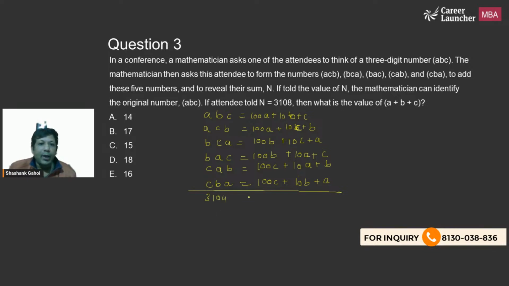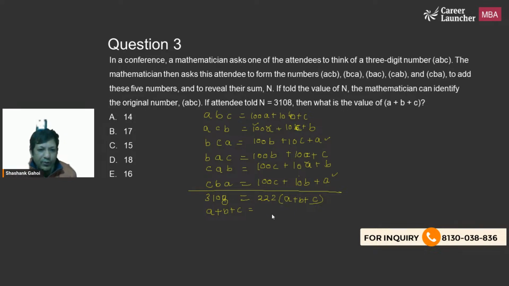And so basically, if you add up all the numbers, you are going to get 222 times A. So 100A, 100A, 10A, 10A, plus A plus A. 222 times A plus B plus C, right? And this is 3108. So from here I can directly calculate the value of A plus B plus C. That comes out to be 3108 divided by 222.